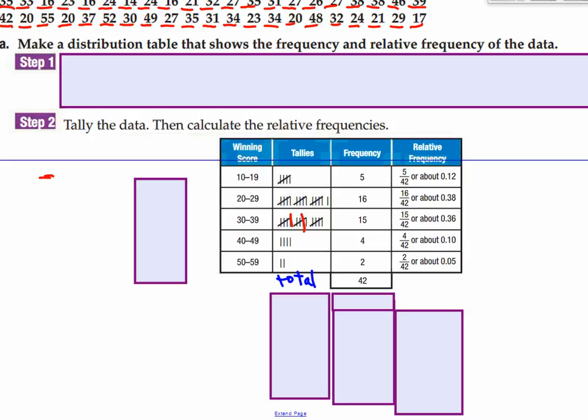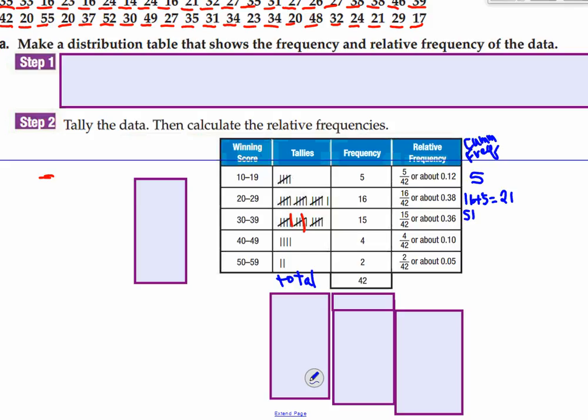Now, we're also going to make the cumulative frequency in this same list. The cumulative frequency is the sum of the frequencies. What is the total frequency there? 5, right? What's the cumulative frequency here? 16 plus 5, or 5 plus 16, which is 21.